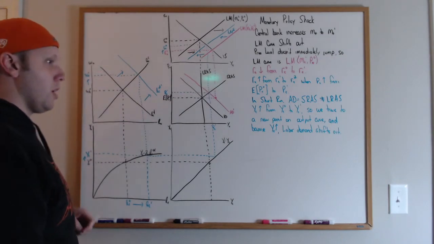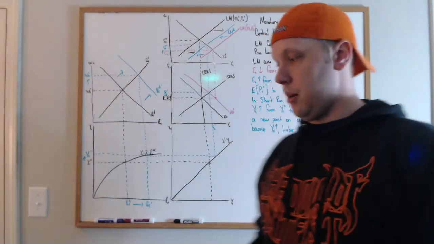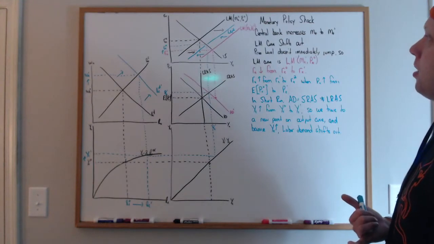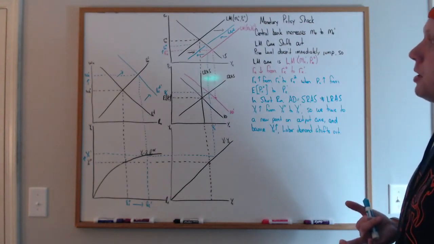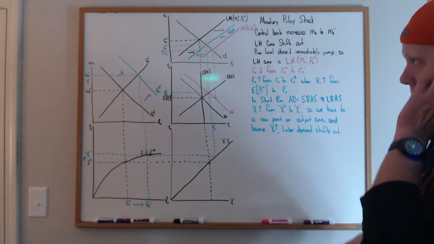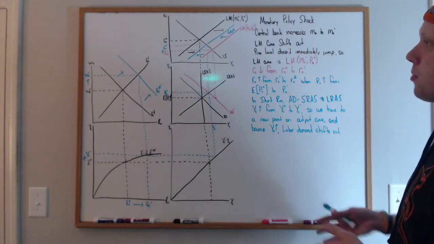So employment would go up, or conversely, unemployment would go down when output goes up. Wages would go up. And because prices would eventually begin to adjust, we would see everything kind of go back to where it started in the long run. But in the short to medium run, this is what we saw.